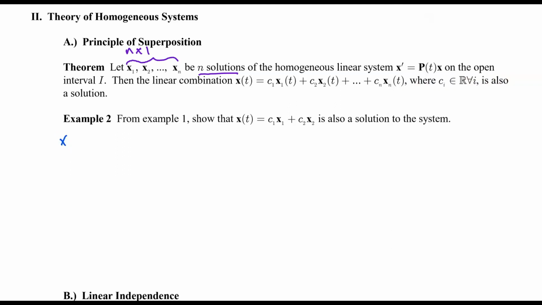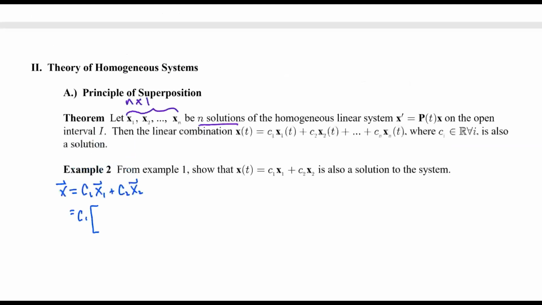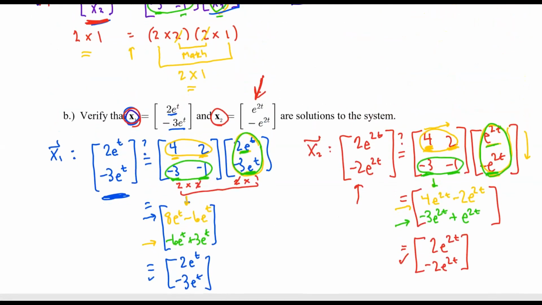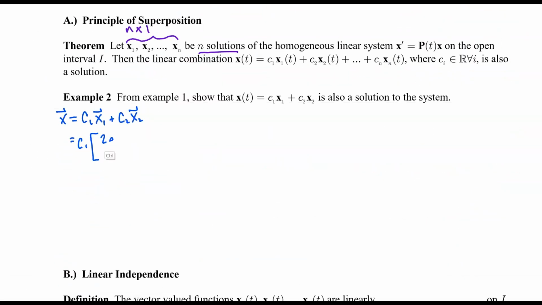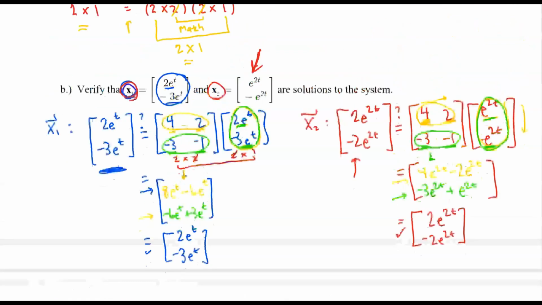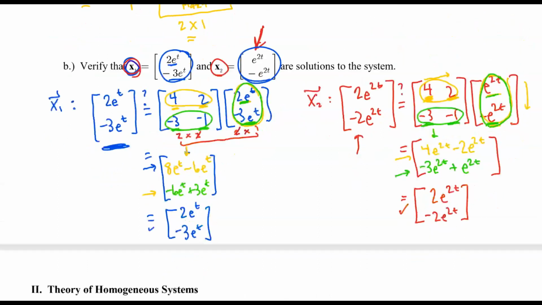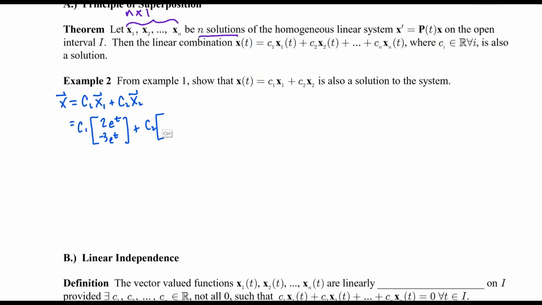So x of t equals c sub 1 times x1 plus c sub 2 x2 can be written as constant c sub 1 times the elements of x1, 2e to the t and negative 3e to the t, plus c sub 2 times my second solution. Remember, the bold print x2 is just pointing me to the second solution. That was e to the 2t and negative e to the 2t.